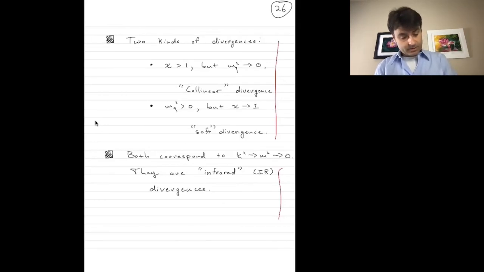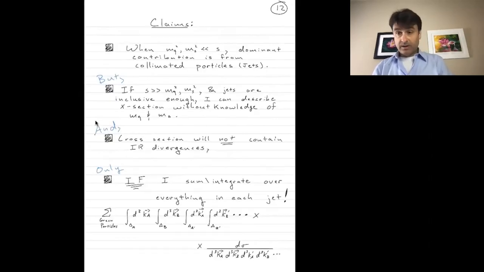Remember my claims way back when we first started. I claim that if we integrate over enough of a region, and if we include everything, then there will be no IR divergences, and I will actually lose sensitivity to any of the details pertaining to this mq and ms, this large distance physics.